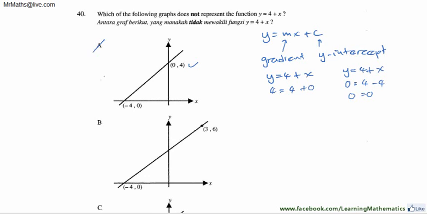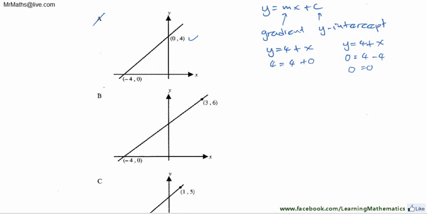We can check the rest of the lines there. Okay, so this point is correct as well. This point, minus 4, 0, but we do not know whether 3, 6 is correct or not. Let's go and test. Y is 4 plus x. What is y? Y is 6, right? And 4 plus 3. No, they are not the same. So B is wrong.